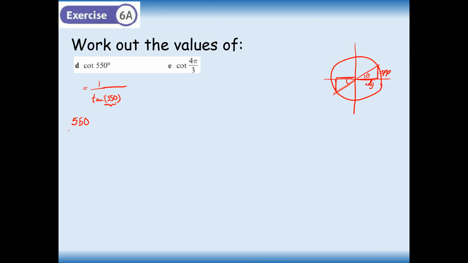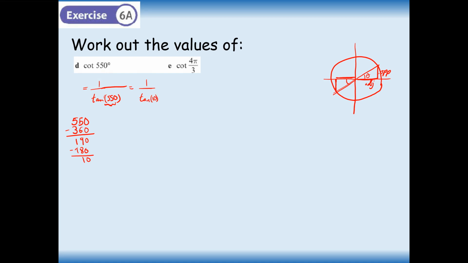So subtracting 180, we get 370, and then we can subtract another 180, which gives 190, and we can subtract another 180 from that, which means that it's the same as 1 over tangent of 10 degrees.